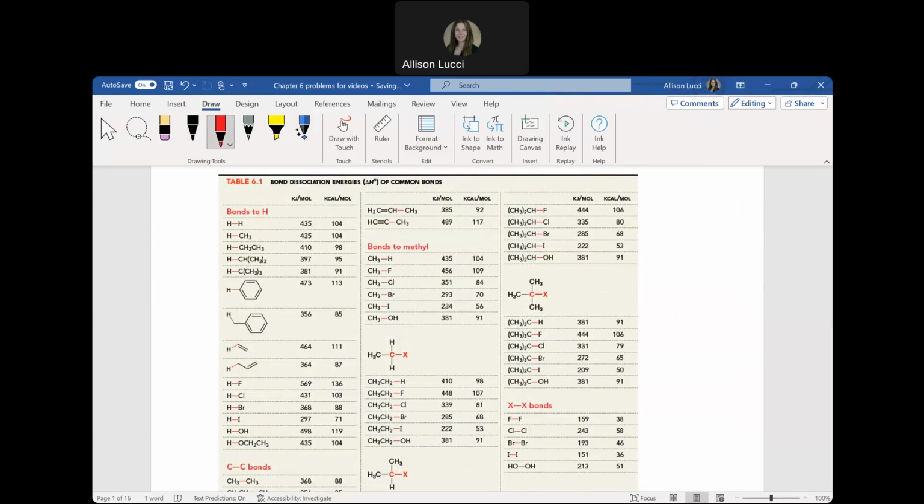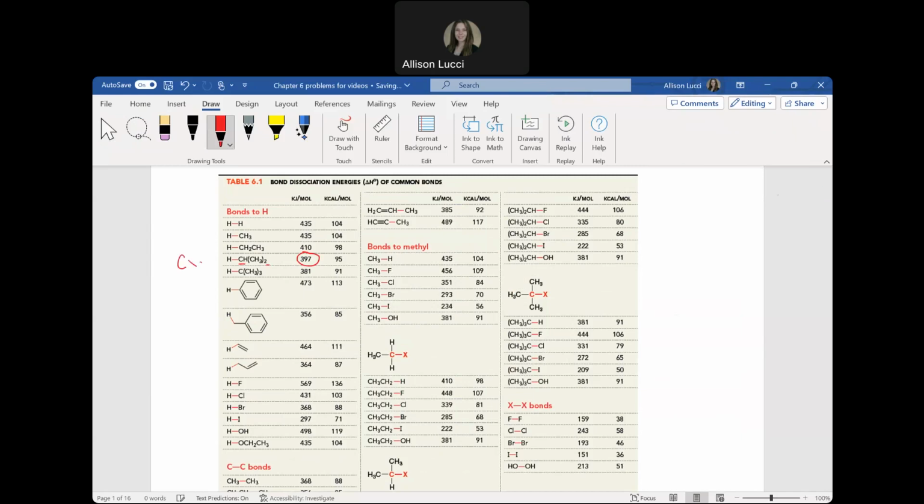So we have a CH bond breaking in a propane. So that will be this value here. So the way that you could look at this molecule is that there's a carbon that's bonded to two hydrogens, and it's also bonded to two methyl groups, right?